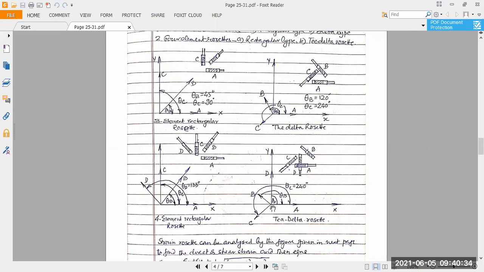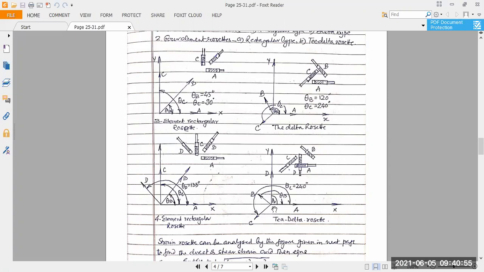One gauge is along OA, means this gauge is kept on the OA line itself. Next, gauge B is at an angle theta B, oriented like this.